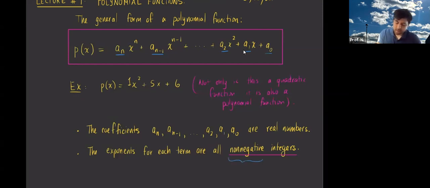Non-negative, so equivalently, we can say it could be 0 or positive. And when we say integers, we mean whole numbers, but we only want the positive ones or 0. So if they have to be integers, what can't they be? Can anybody tell me?